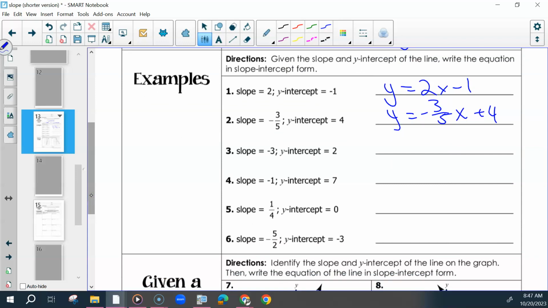Y equals 1/4 x. Yeah, so you can put it as just 1/4 x, or if you want to put the plus 0, you can. Either or, it doesn't matter. Okay. Are there any others in this section we want to see, go over, have questions about?